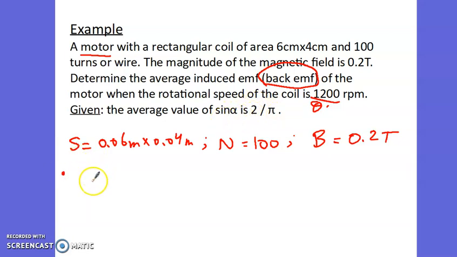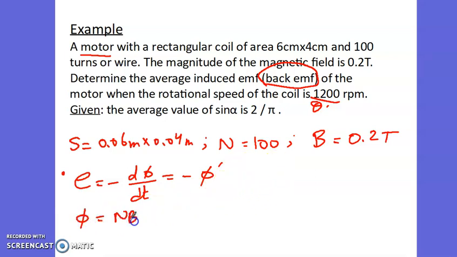So we want to find the EMF. Is there a rule for the EMF? Yes, by applying what? Faraday's law. So Faraday's law, E equal minus derivative of flux crossing the loop or linking the coil. So minus phi prime. But we know that phi is equal to NBS cosine theta, right? So let's replace. N is given 100. B is given 0.2.